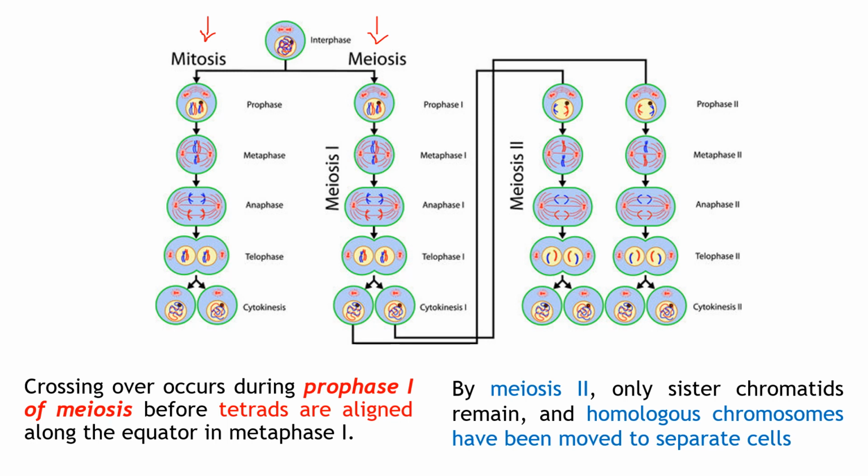What I'm going to tell you is that in this step, something very interesting happens. Before the chromosomes have separated and gone into different cells, the crossing over takes place in prophase 1.